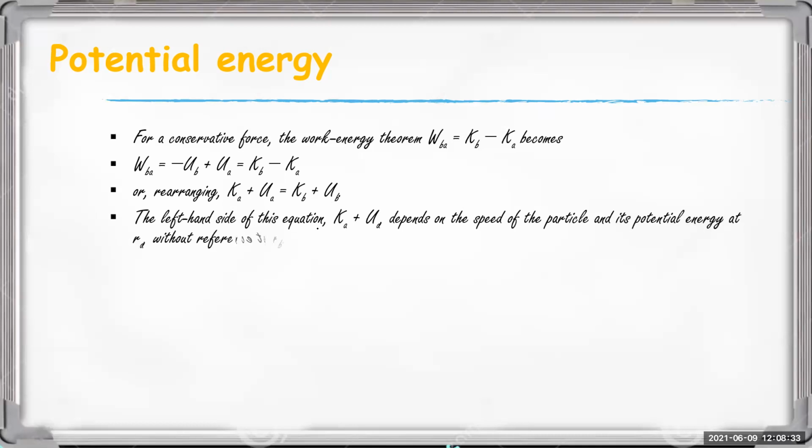Here, the quantity KA plus UA, the left hand side, depends on the speed of the particle and its potential energy at RA without any reference to RB.